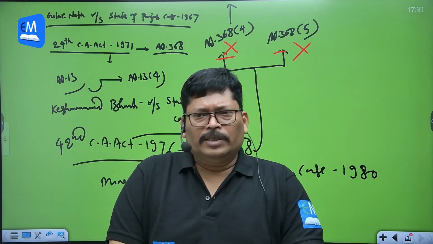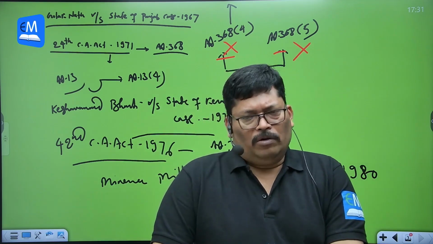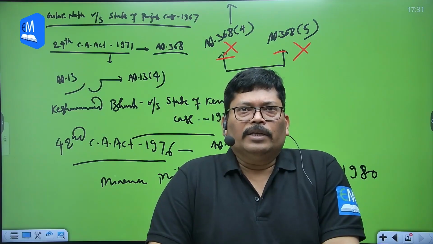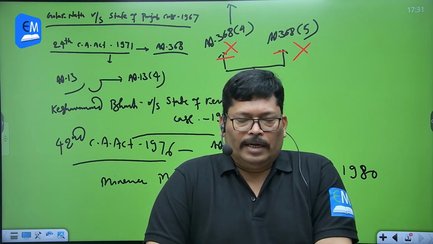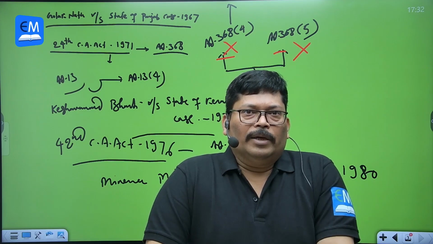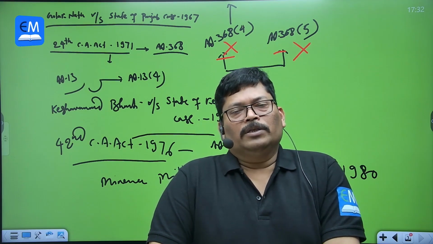Listen to me again. The topic was whether fundamental rights are amendable or not. So now, after going through all such discussion, we can easily reach a conclusion that yes, the Parliament can amend the fundamental rights like any other provision of the Constitution.